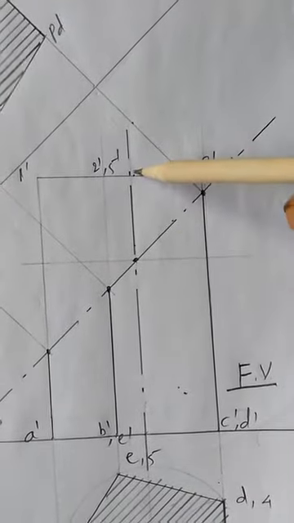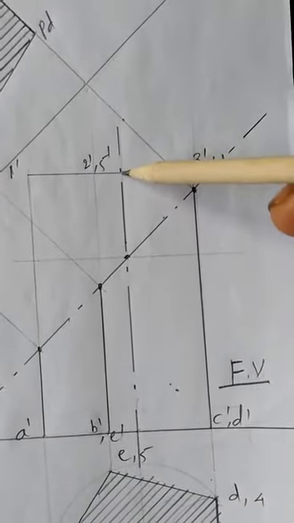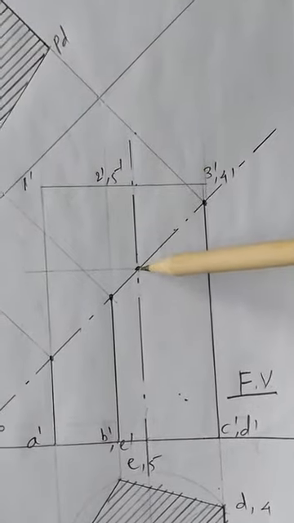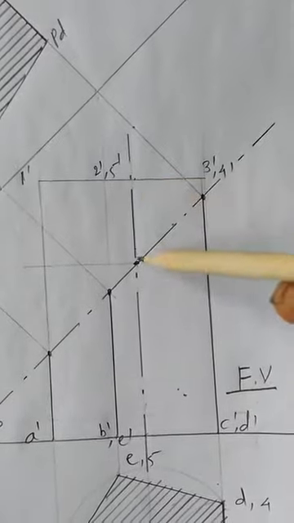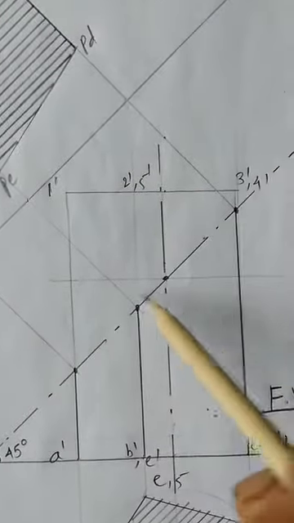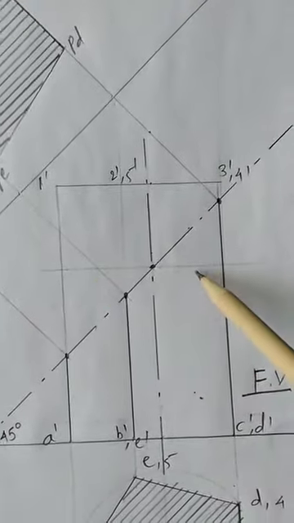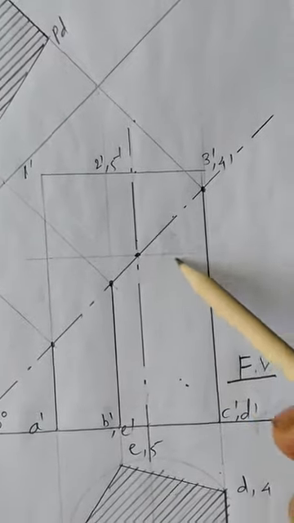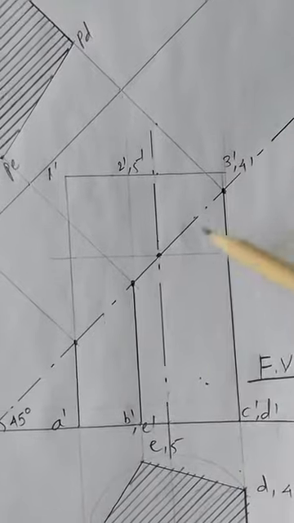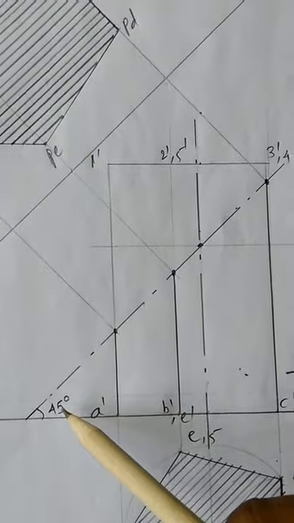So first of all we should mark the distance of 25 mm from this top face up to here. This is the point of intersection of this cutting plane on the axis, that is 25 mm. After that, draw a construction line here, place the protractor here and get that 45 degree inclination in this way, and accordingly complete this cutting plane here, showing that 45 degree inclination.